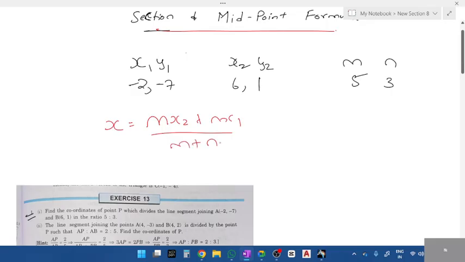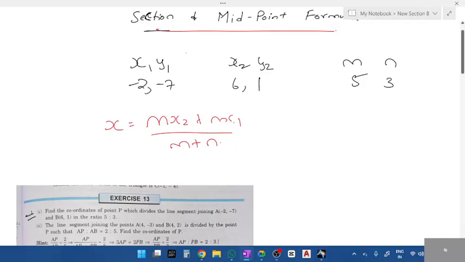And you know what this X is? Why have they named it as X1, X2, Y1, Y2, M, N? Okay, M1 plus N1.